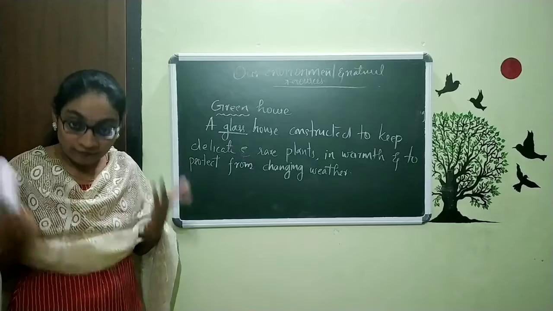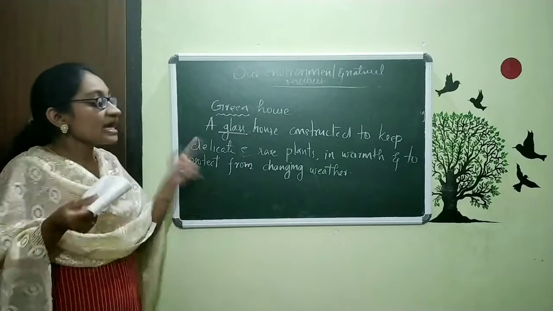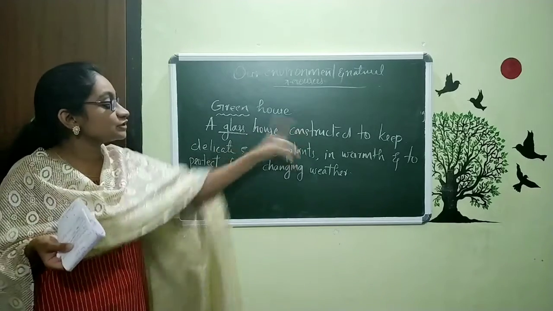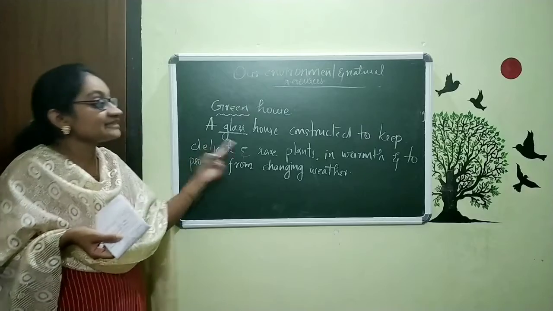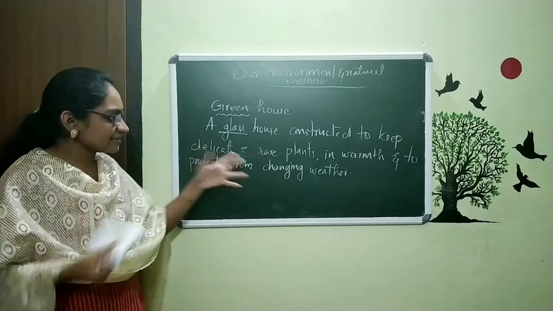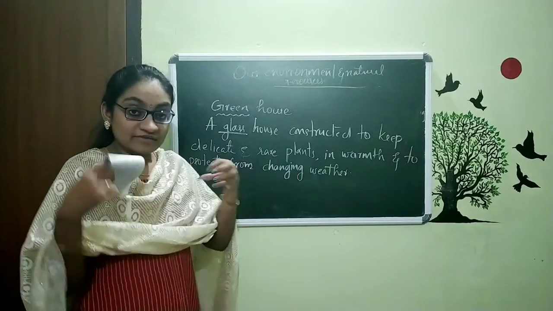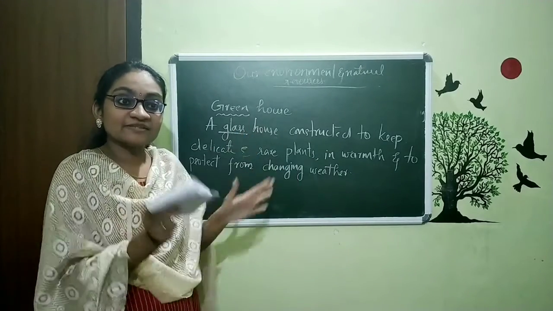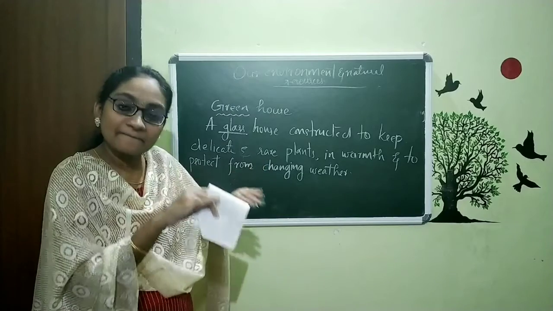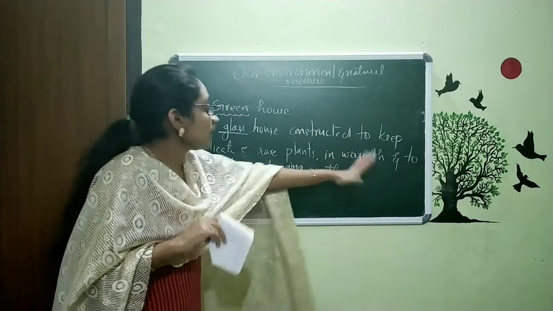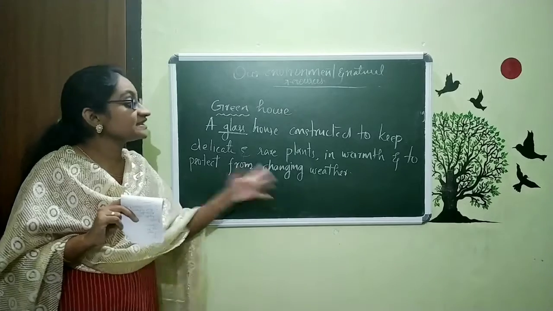So this is the definition for greenhouse. It is a type of house made of glass, constructed to keep some delicate and rare plants, meaning precious plants, in warmth, at a particular temperature, and to protect them from changing weather.